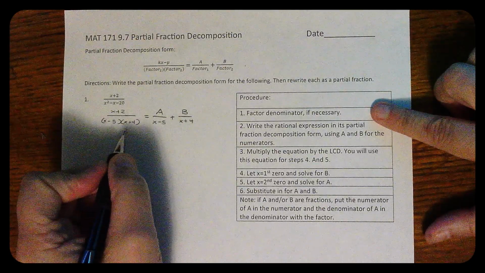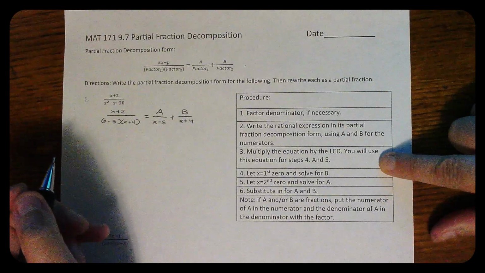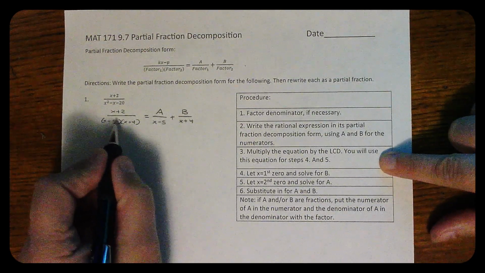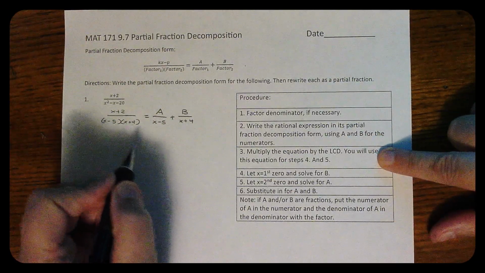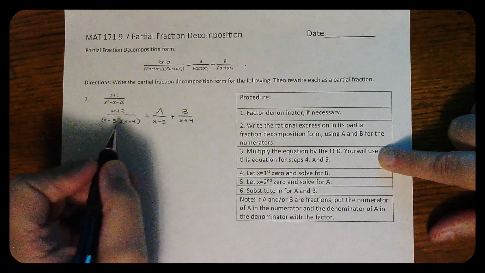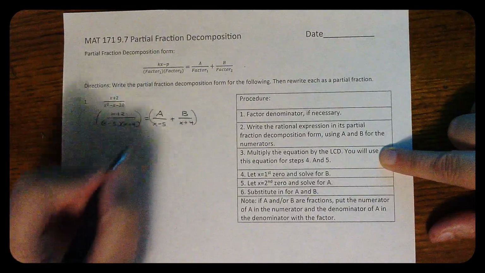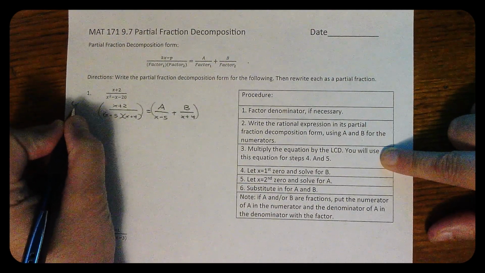So the way we're going to do that is we are going to multiply this equation, and it's really important to write the left side and the right side because you're going to multiply the equation by the LCD, and the LCD is always going to be the denominator because you're going to pick up factors that you want to cancel.